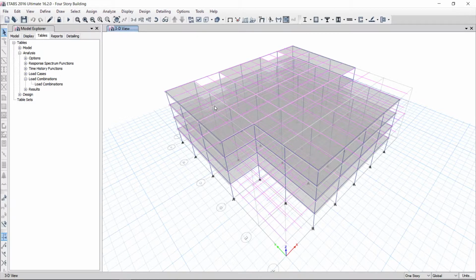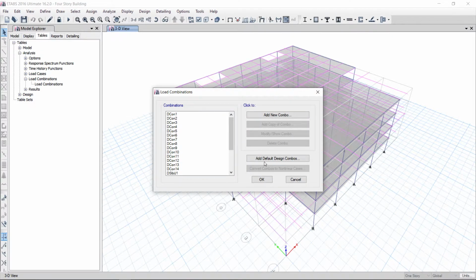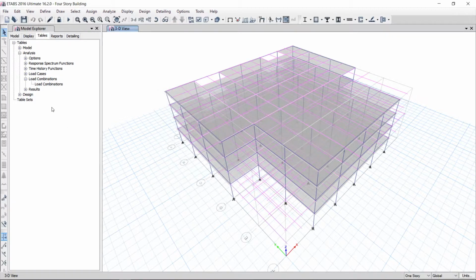But in this example, they have used 0.5 with live load in this particular load combination. And when we define load combinations, for example, if I say add default load combination, it does not ask me about this condition. It just defines the load combinations and takes the live load coefficient as 1L in all the load combinations.